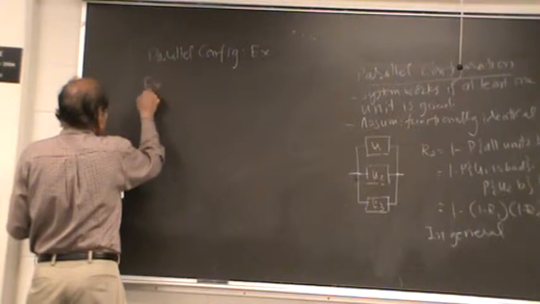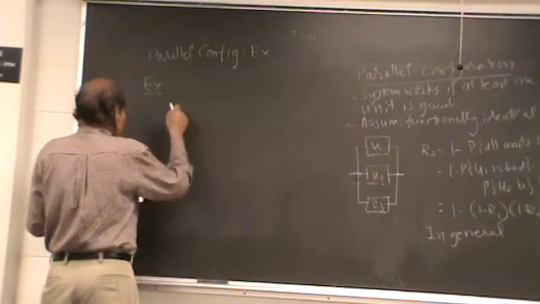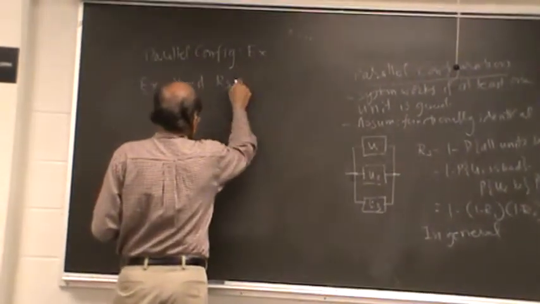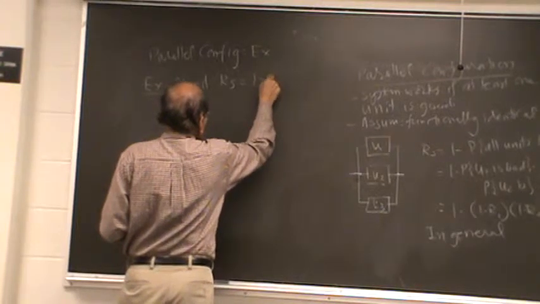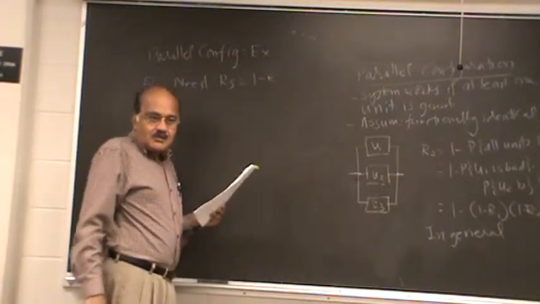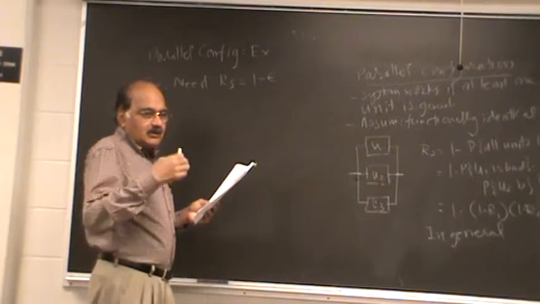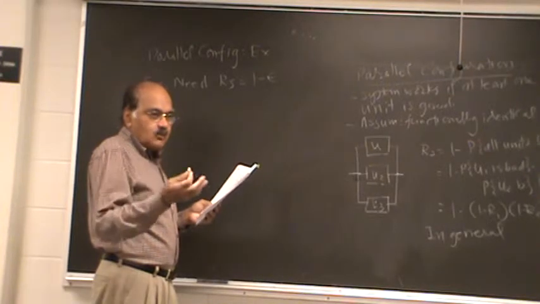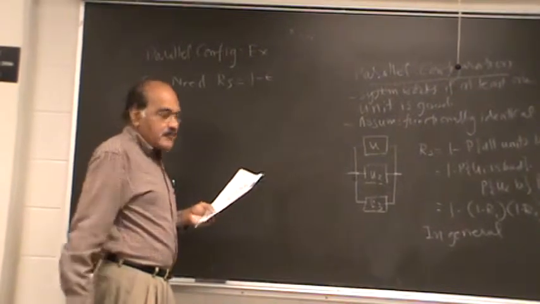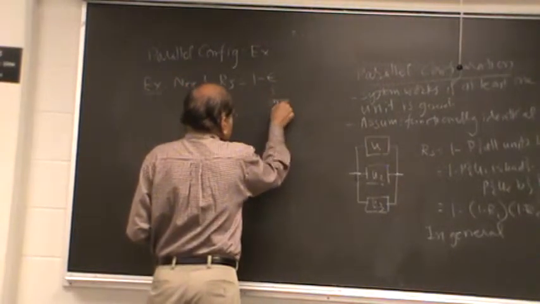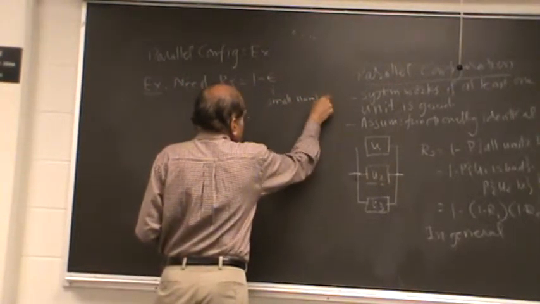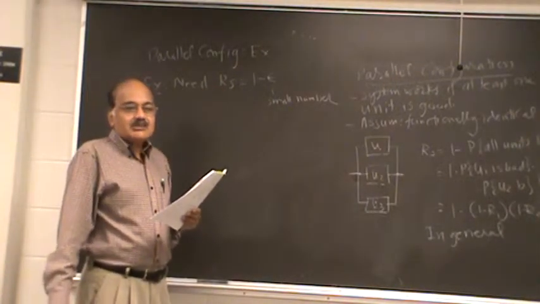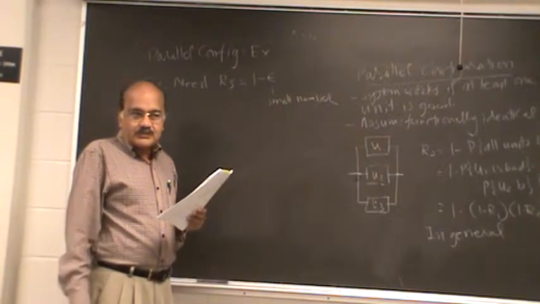The problem: we need some system reliability, and let us assume that system reliability is specified as 1 minus some small number epsilon, where epsilon could be 0.05, it could be 0.01, could be smaller. Remember, when we are talking about high reliability, we are talking about reliabilities that are close to 1, and the question is how close to 1.